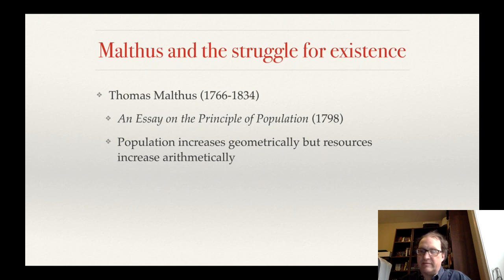So if you have 10 people, you can plant 10 acres, random number. If I have 11 people, I can plant 11 acres, right? If I have 12 people, I can plant 12 acres, right? The increase doesn't go up with the resource base.